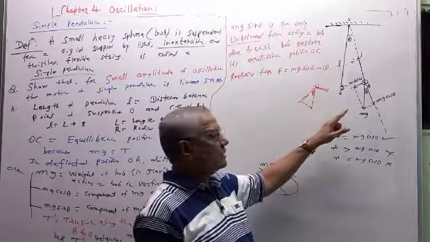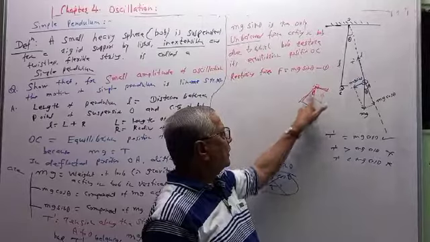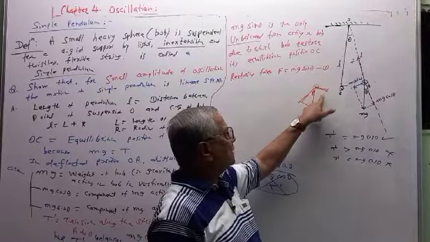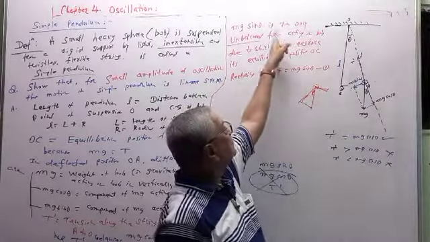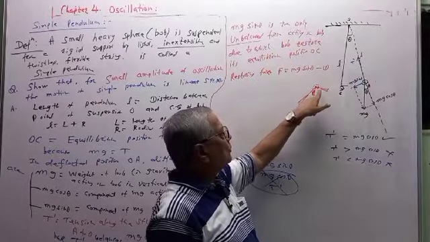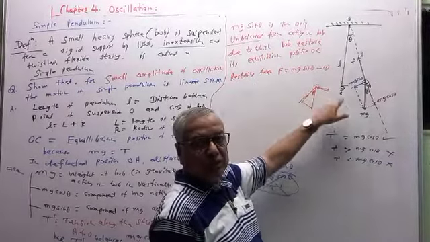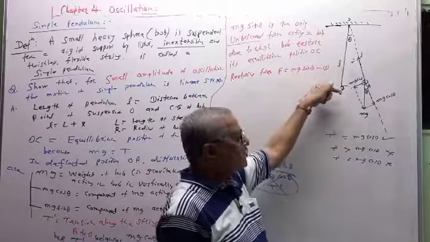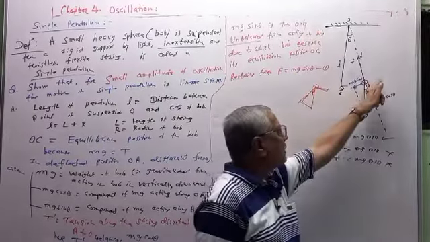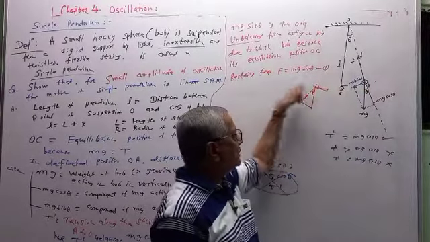We have to give the figure of only one side somewhere. So again mg cos theta and T dash will get cancelled. So mg sin theta is an unbalanced force acting on the bob. So the bob will restore from B to C. So restoring force mg sin theta, inertia, restoring force mg sin theta, inertia.